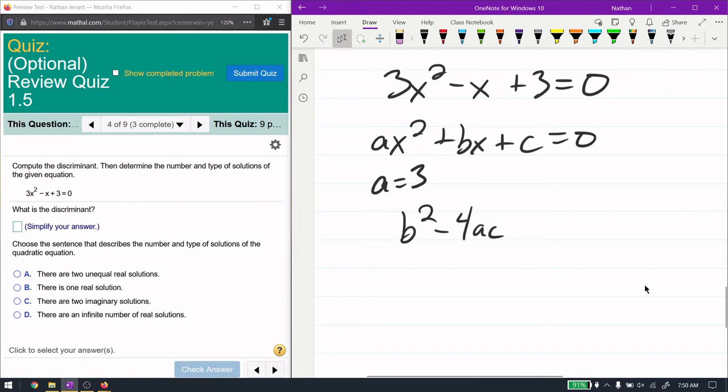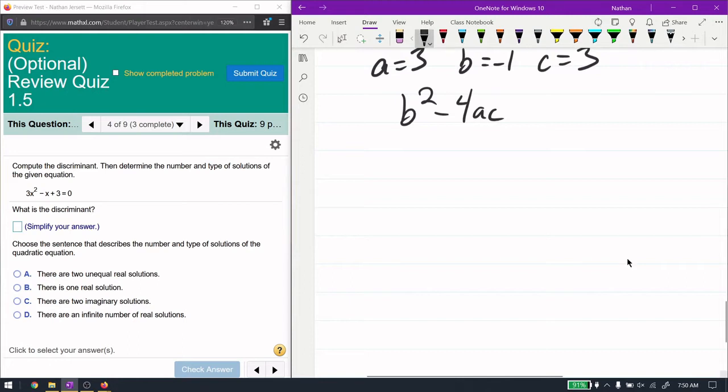I should have done this before. b equals -1, and c equals 3. So b squared is -1 squared, so -1 times -1 is +1, minus 4 times a. 4 times a is 4 times 3, so that's 12. And then c, so 4ac is 4 times 3 times 3. So that's going to be 36. And this equals negative 35.